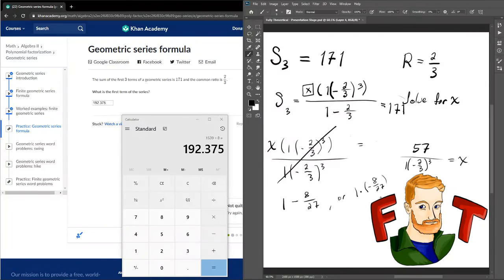Because those are two very different things. This is just negative 8 over 27.